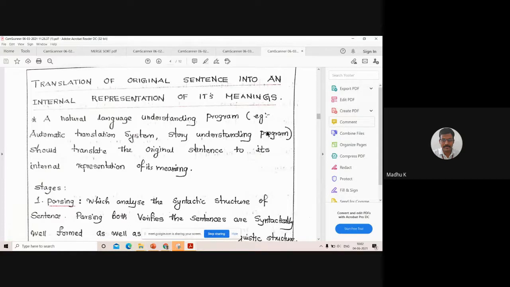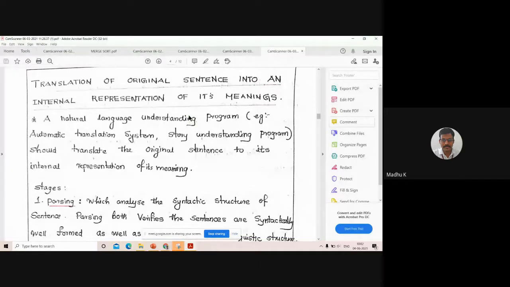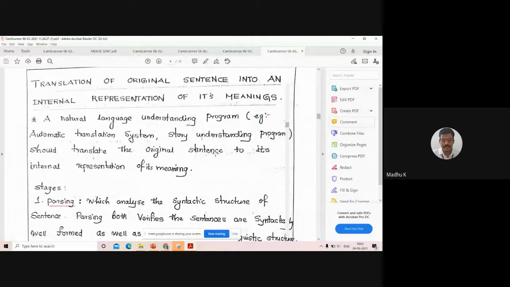Now we are dealing with the translation of an original sentence into an internal representation of its meaning. The first stage is parsing. I already told you what parsing is. It is the syntax analysis stage, which converts the sentence into a syntax tree.